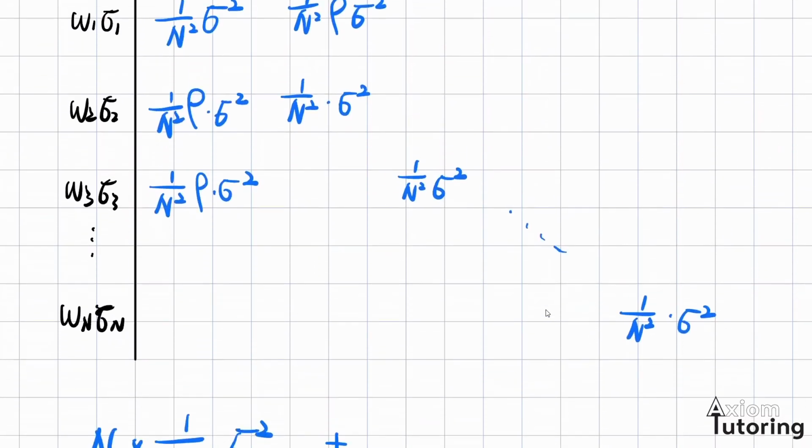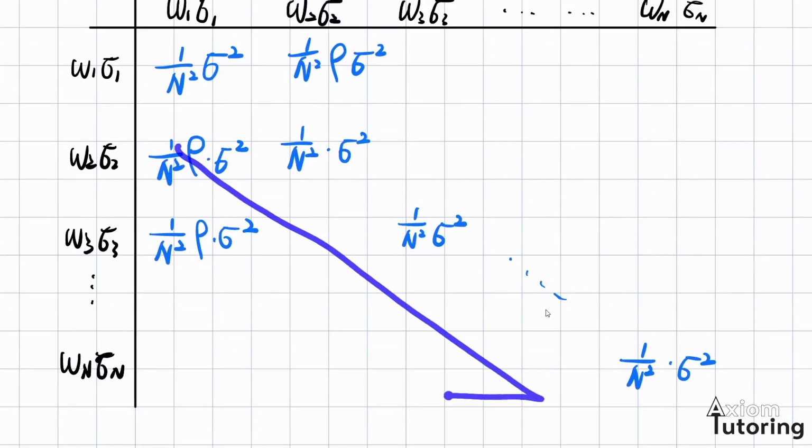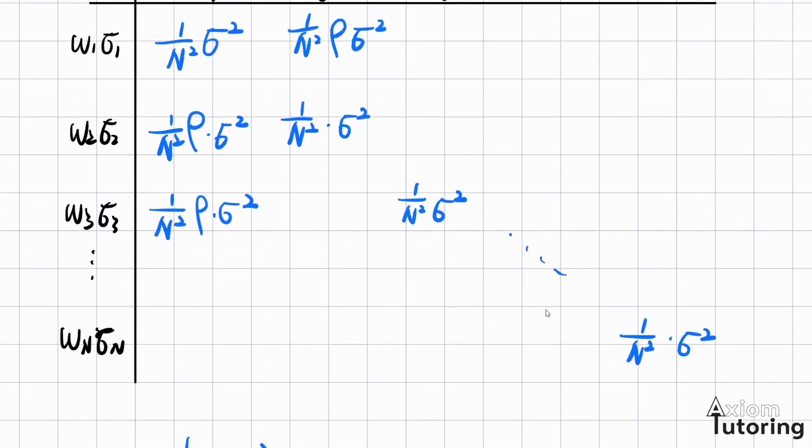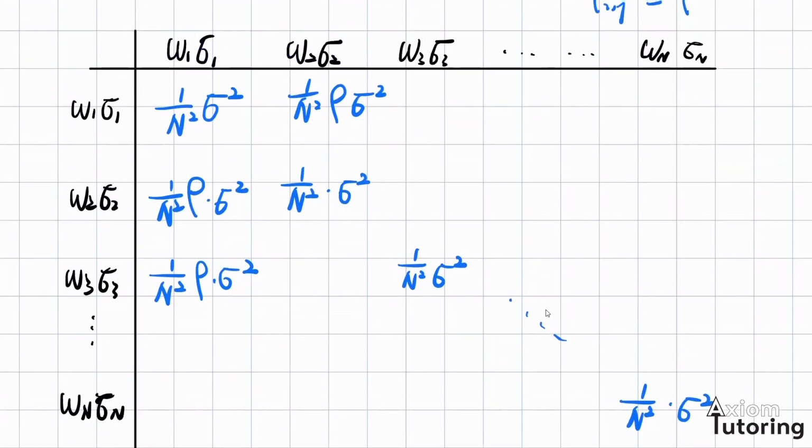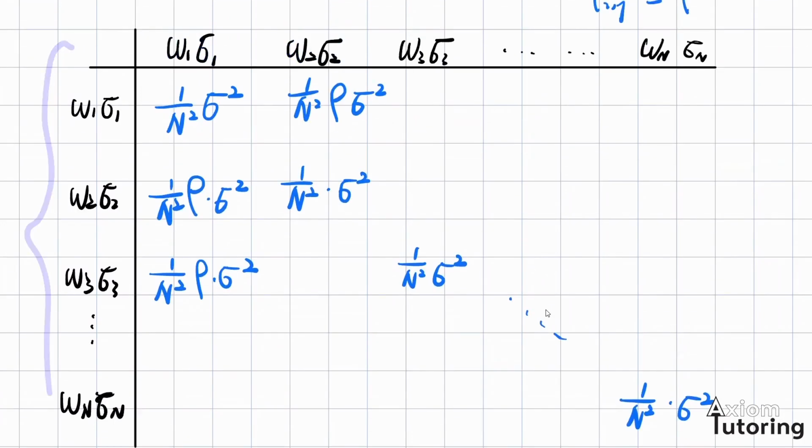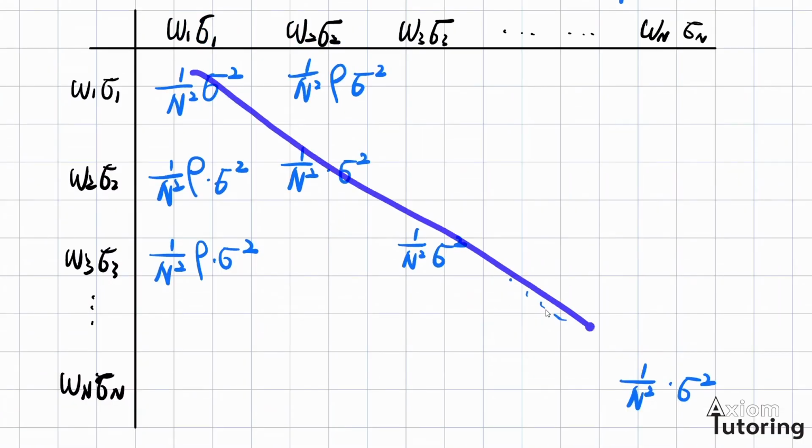All the remaining terms, which is any term that is not on the diagonal here. So how many terms are there if they're not on the diagonal? Since this is a variance covariance matrix, there will be in total n squared terms, right? We have already considered the diagonal, which consists of n different terms.